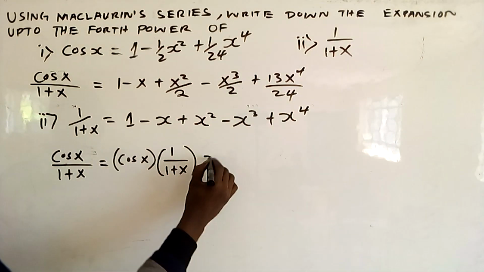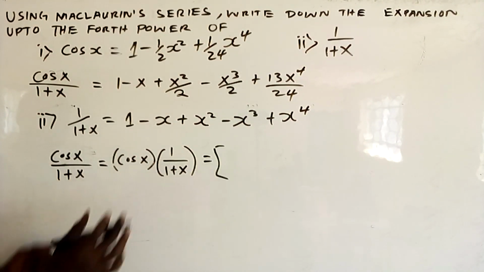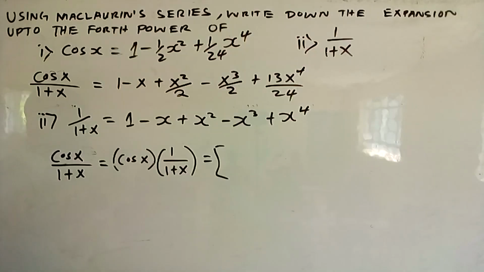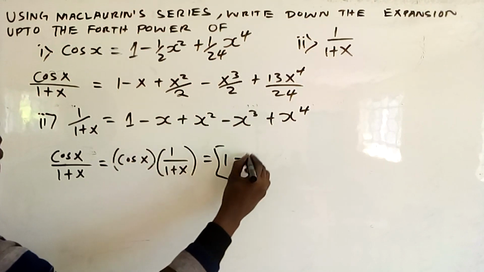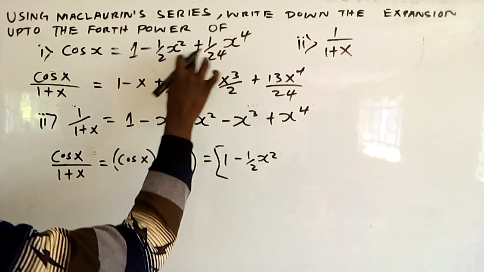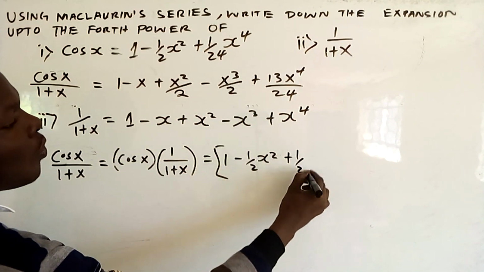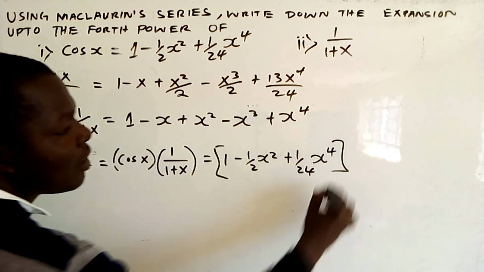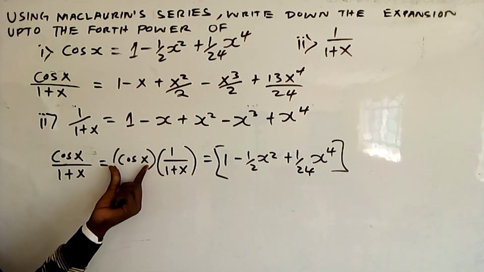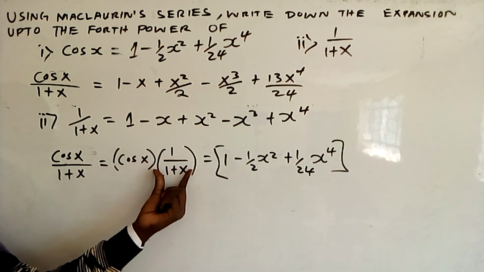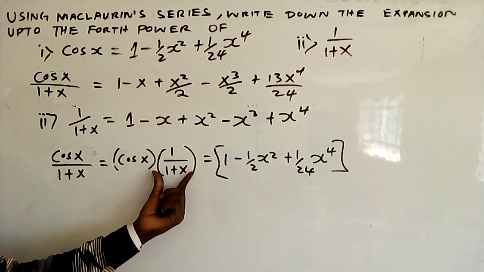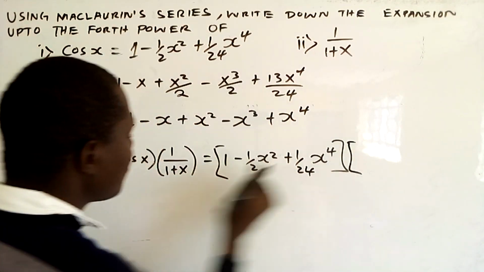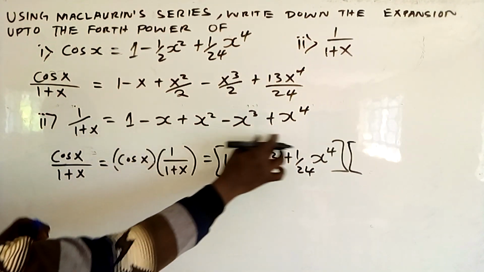But when we've expanded, what have we found to be the expansion of cos x? We substitute, isn't it? The expansion of cos x we found to be 1 minus 1 over 2 x squared plus 1 over 24 x raised to power 4. So you see we substituted for cos x. The next we substitute for 1 over 1 plus x, isn't it? What have you found to be the Maclaurin series expansion of that?